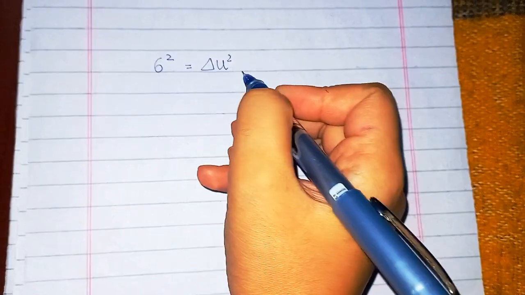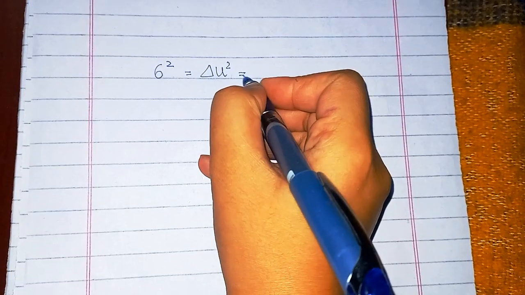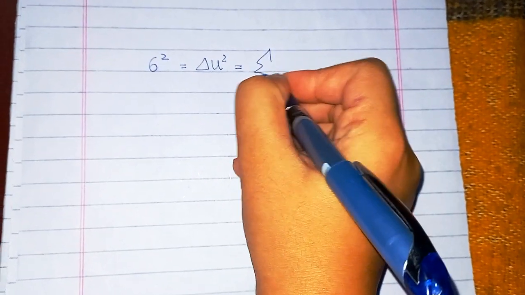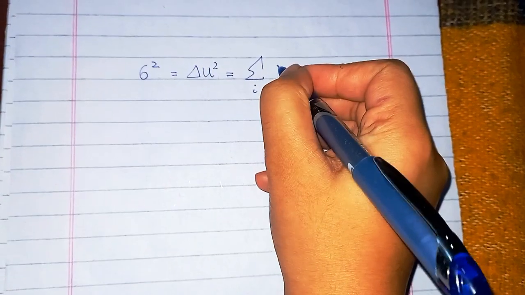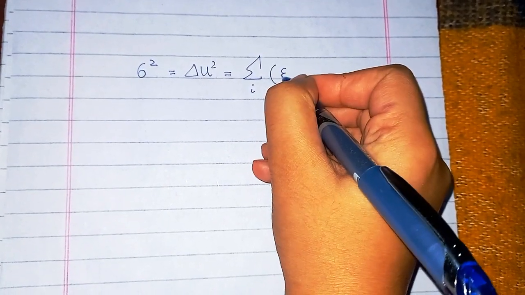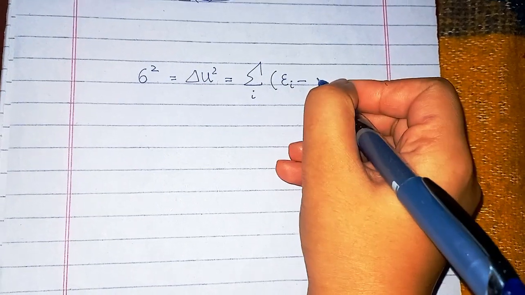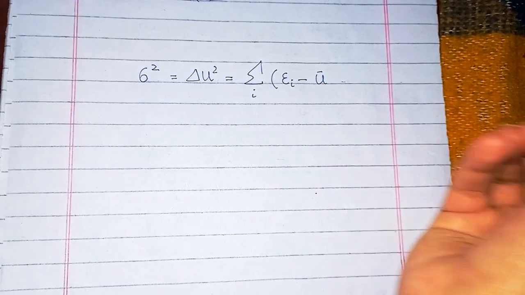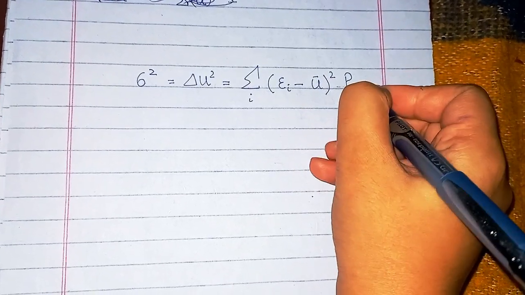Delta U is for standard deviation and its square means square of standard deviation, which is equal to summation of i. Then we will take ei, which are the energies. We'll take the difference of it from the average energy, whole square, and the probability multiplied.